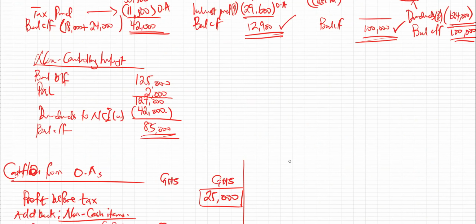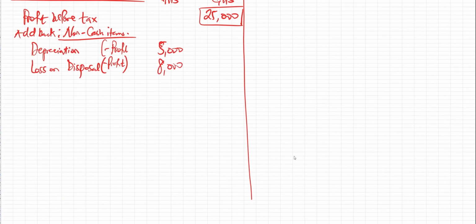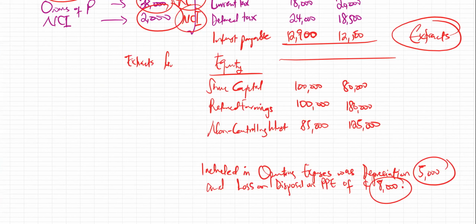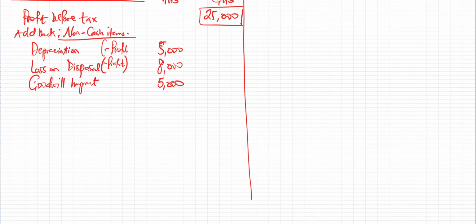Goodwill impairment is not real, so it must go back. It was 5,000. Add it back. Was there any increase or decrease in inventory? We didn't have inventory. So operating activities, when we add all this, what do we get? 18,000.